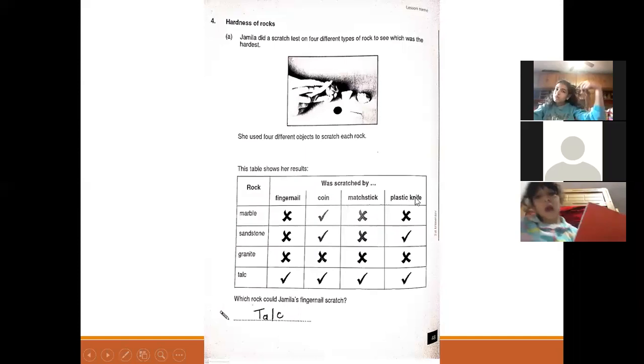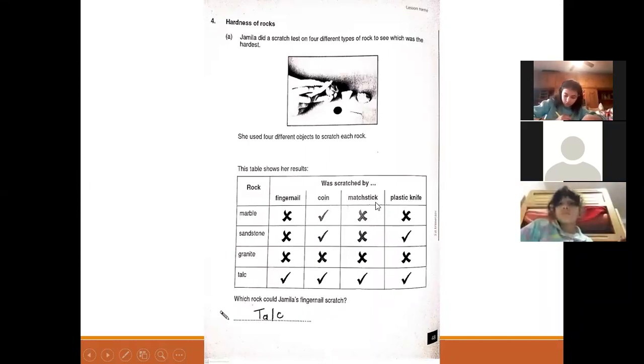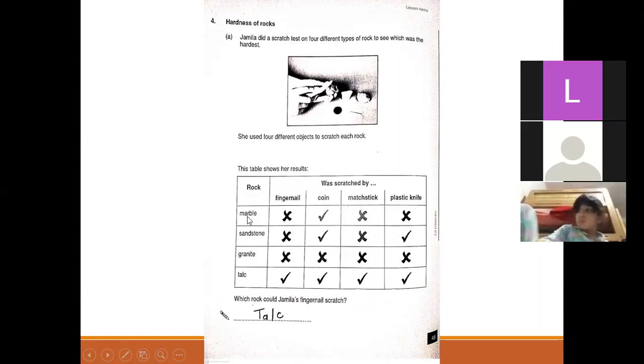As you can see here, the objects that we're going to use to see the hardness of the rocks are a fingernail, a coin, a matchstick and a plastic knife to test the hardness of those rocks. You have 4 rocks: marble, sandstone, granite, and talc. So you're trying to use all of these objects to scratch those rocks.